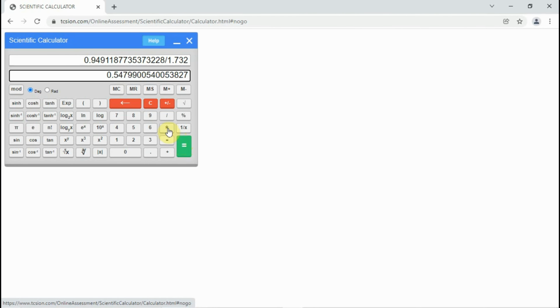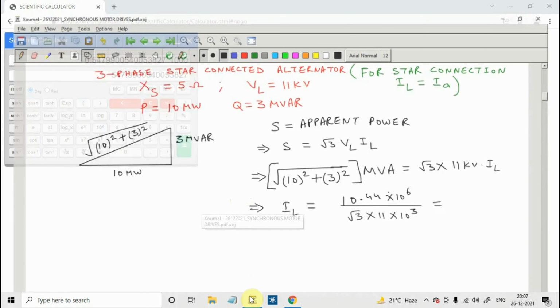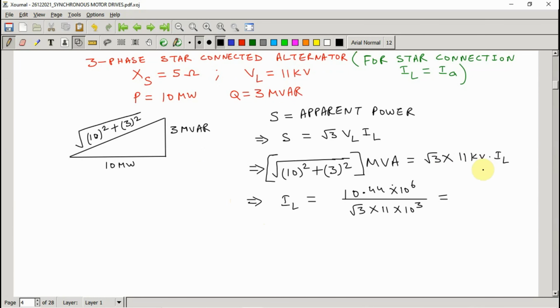Now it is in kiloampere, so I can multiply by 1000. So it is coming as 547.99 ampere. So you can as good as take it as 548 ampere.